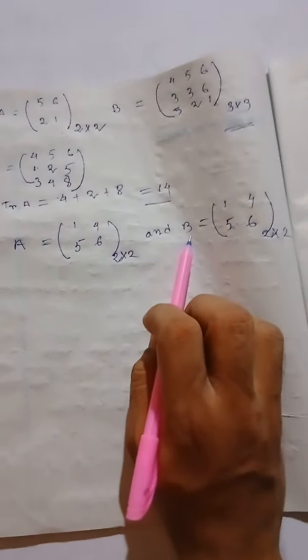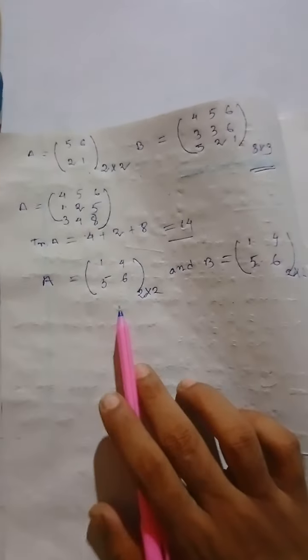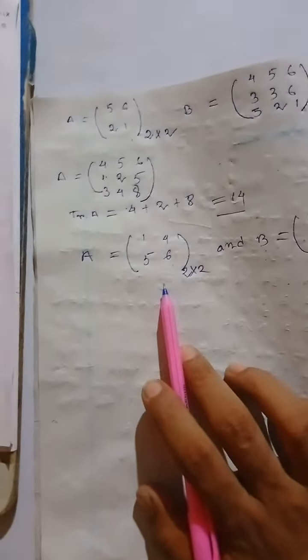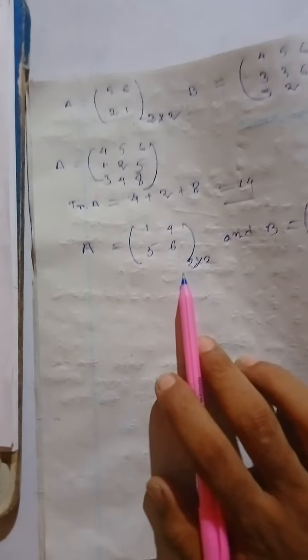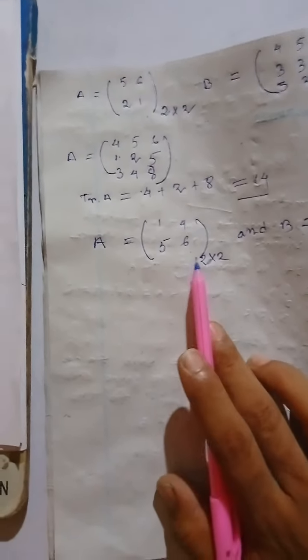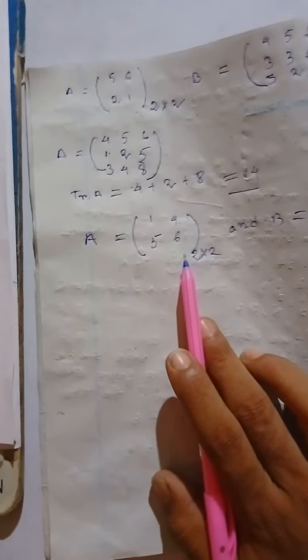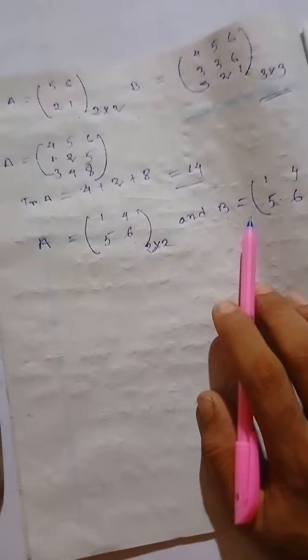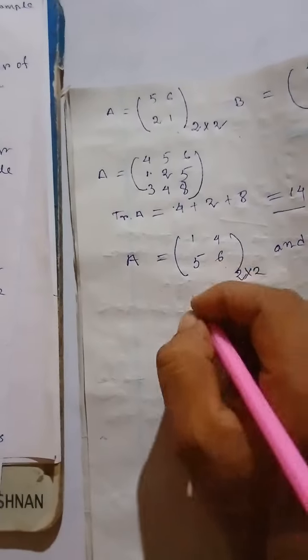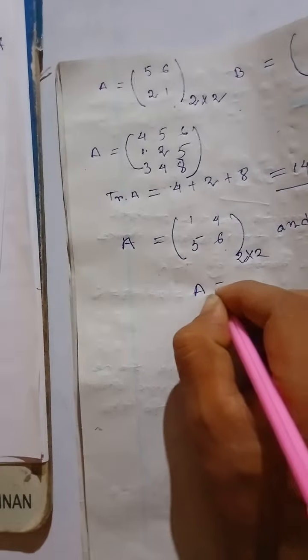Matrices A and B are equal because the order of matrix A is 2 by 2 and matrix B is 2 by 2, and the elements of A are equal to the corresponding elements of matrix B. So matrix A and B are equal, and it's written as A equal to B. Thank you.